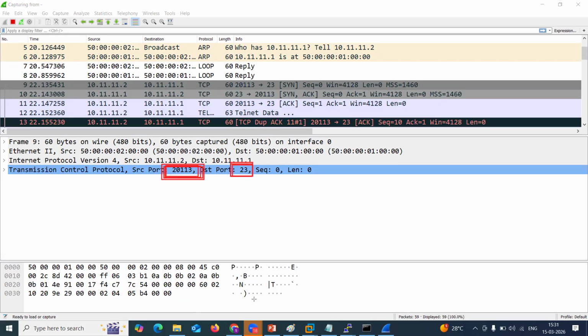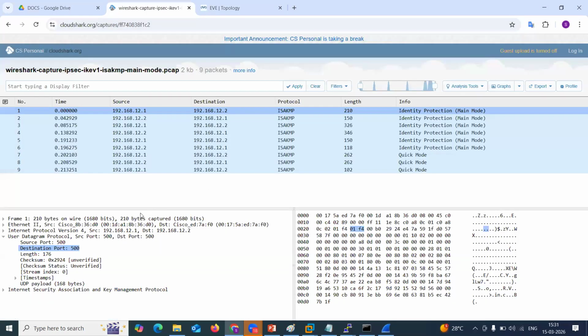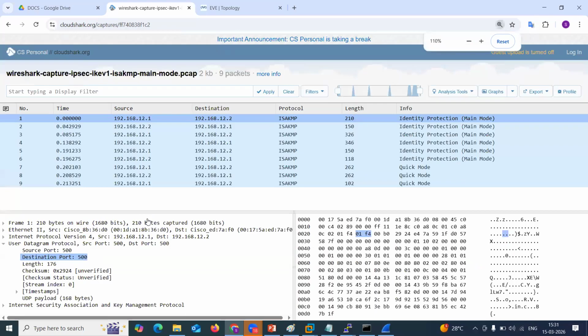But in the case of ISAKMP, I wanted to give you clarity on ISAKMP. In ISAKMP, it's not like that, guys. In ISAKMP, my source port should be 500 and destination port also should be 500.